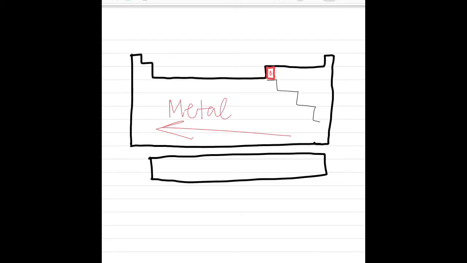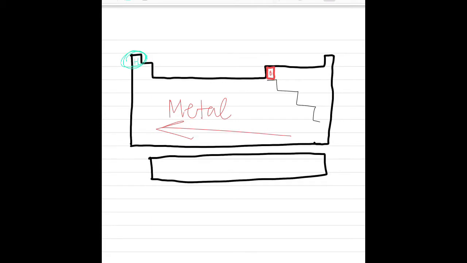However, there is one exception, and it's this one right here. Hydrogen is a gas, okay? Gases are not metals. The periodic table is technically at room temperature, so hydrogen is a gas at room temperature, so it is a non-metal. Some metals can be gases, but anyway, hydrogen is a non-metal.